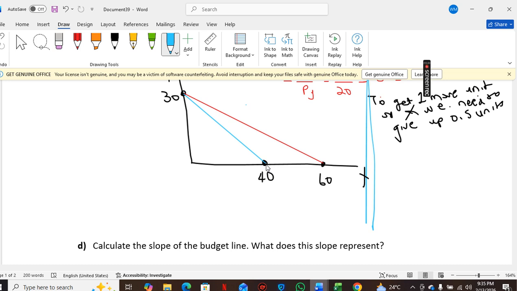This is our new budget constraint. The price of good X has increased, so our budget constraint has shifted. We can now buy less of good X. Yes. Any questions, colleagues?